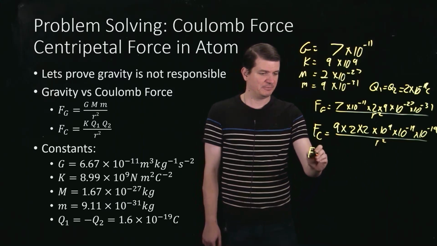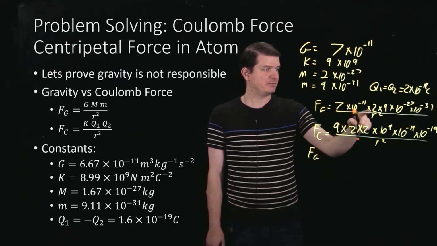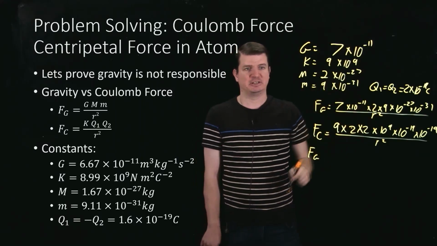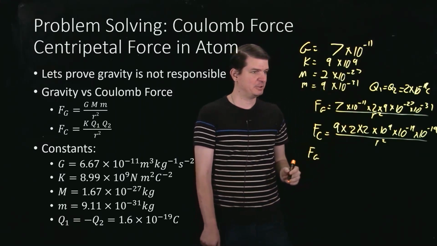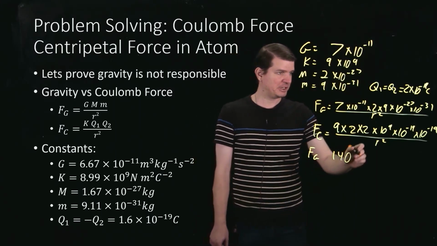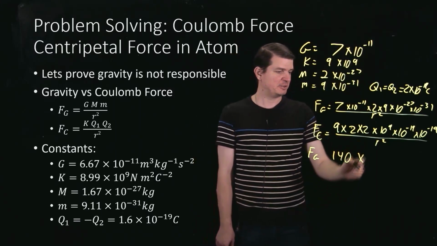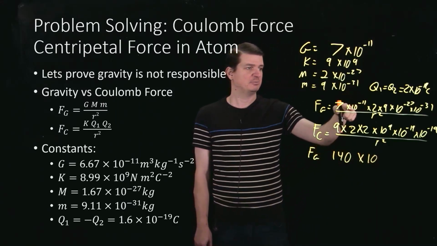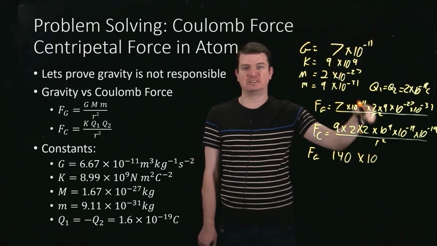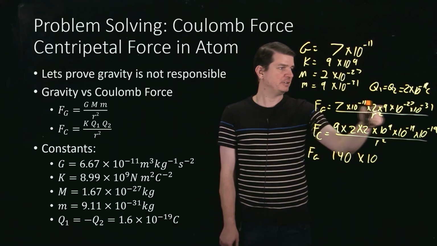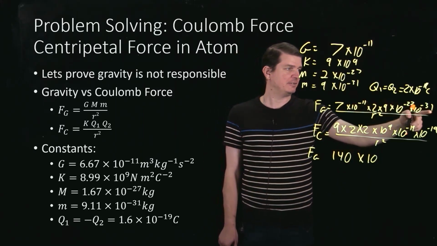So for F_g, we were supposed to do 7 times 2 times 9. Let's do the 2 times 9. That's 18, which is basically 20. Then times 7, we can keep that as 140. We can collect all of our powers of 10. When you're multiplying the same base to different powers, you just add the powers. So we have negative 11, negative 27, and negative 31.